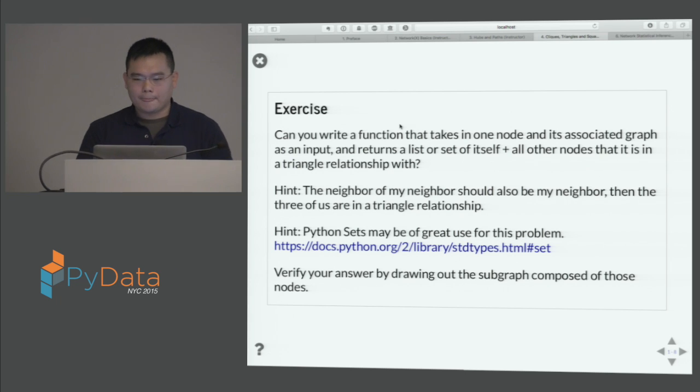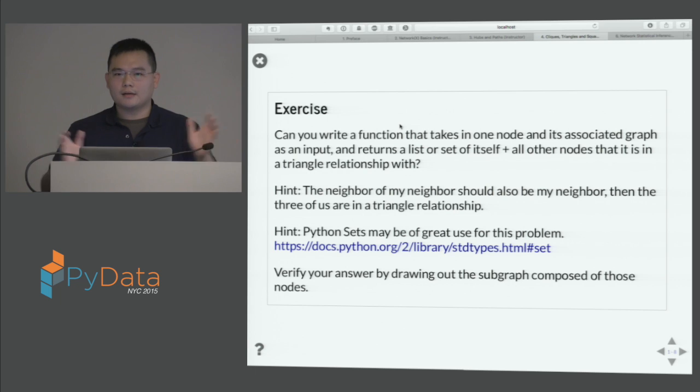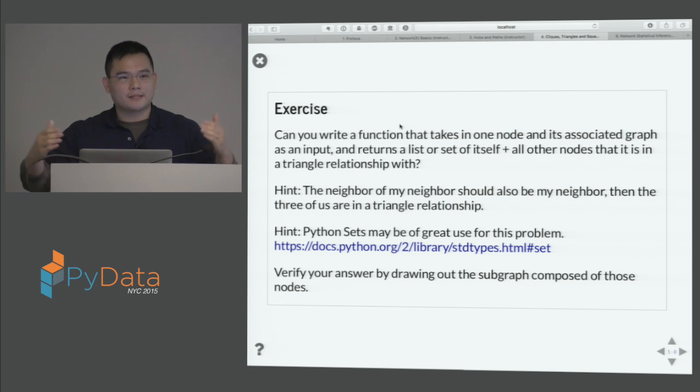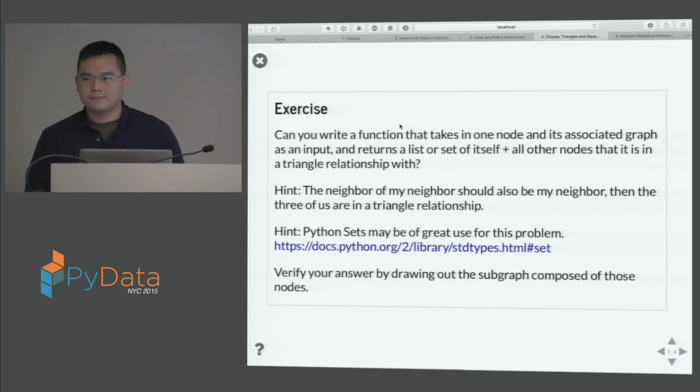OK, so we're going to skip the rest of this notebook. There are challenge coding problems at the bottom. Recently, I read stuff on how to do statistics for hackers. And so I'd really like to show you content that I've adapted to network statistics and how you can do statistical inference on networks.